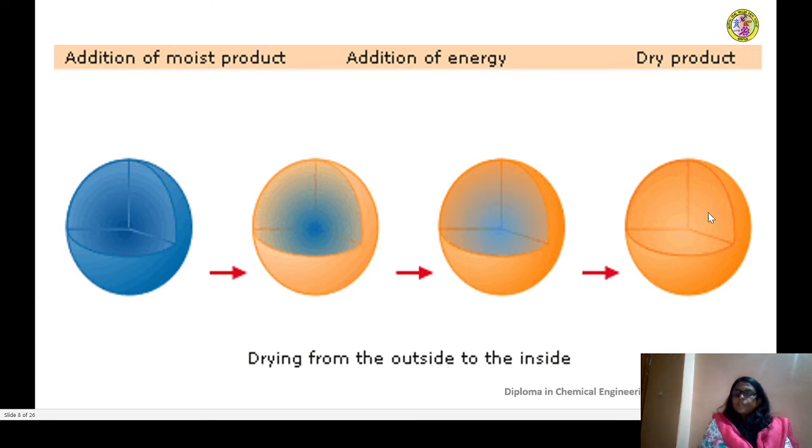As you can see from the last figure, which is totally in orange color, indicating that the material that is being subjected to drying operation is completely brought to the dry condition. So there is no blue color, means it does not contain any more moisture. So this is the wet substance and this is the dry substance. To convert it to dry condition from wet condition, you are supposed to add heat energy. So that is how we can explain the drying operation in this diagram.